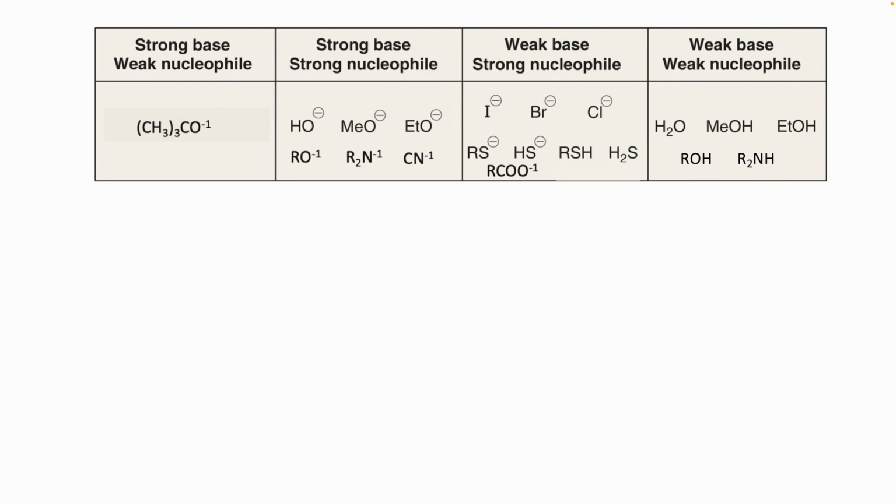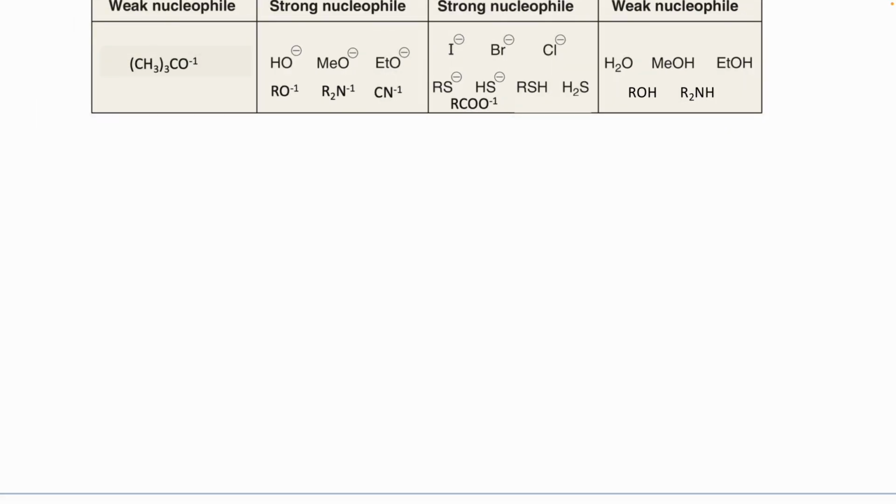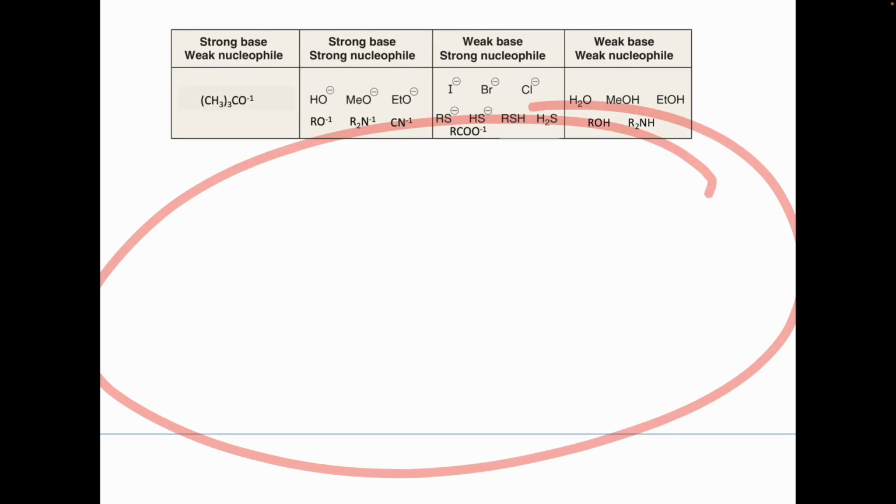We have some that are crappy bases but really good nucleophiles. And then we have others that are just kind of bad at both, our weak nucleophiles and our weak bases. So these are these 4 important categories here. I'll give you a second to make your little chart here. And importantly, you want to leave a good amount of room, because we're going to build with some notes off of this down at the bottom here.